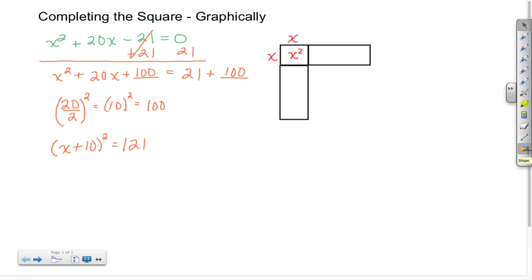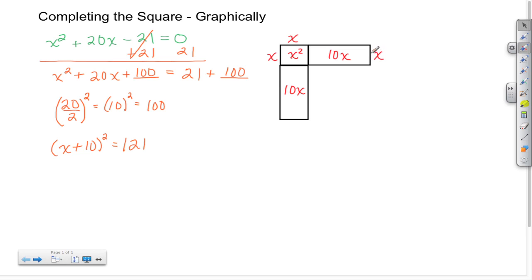What I know from the abstract method is that I take the x term and I'm going to take half of that x term. In this case, the x term is 20, so taking half of the 20 gives me 10. So that means that the area that I want in this rectangle is 10x, and the area I want in this rectangle here is also 10x. I know that this length here matches this length to the right, so that there is x.